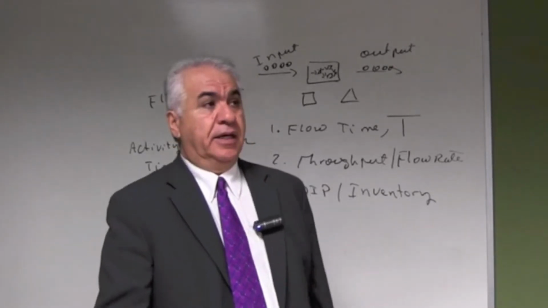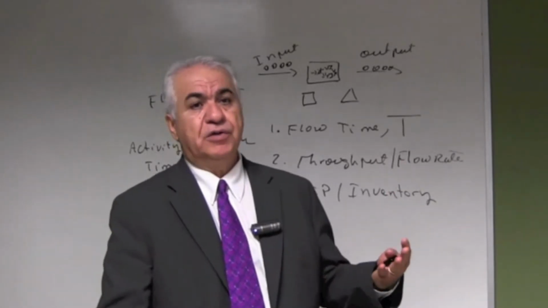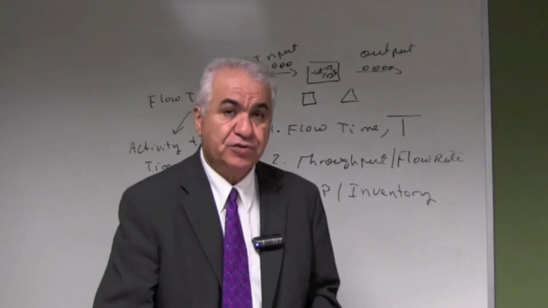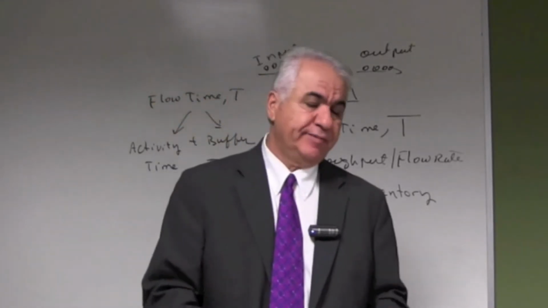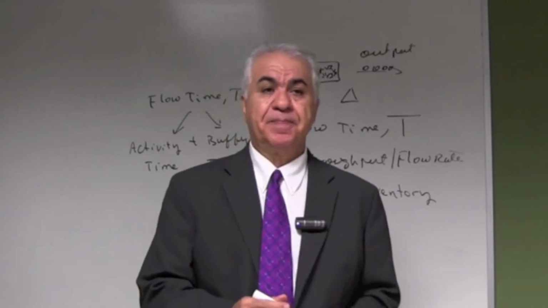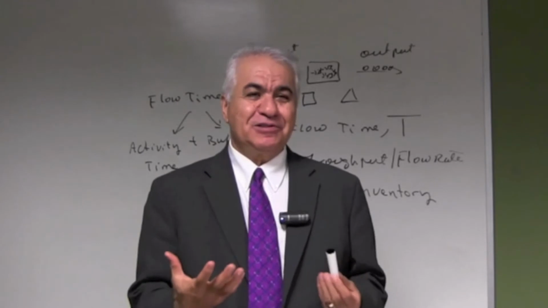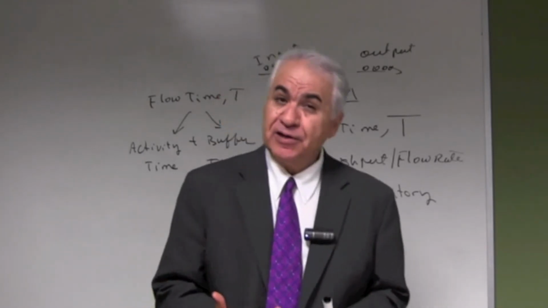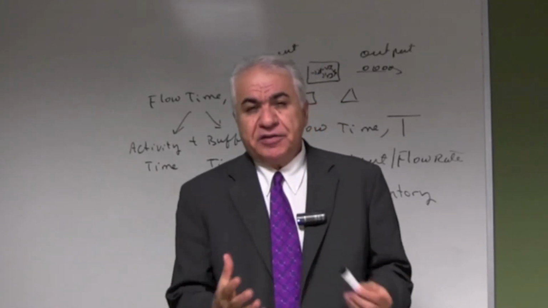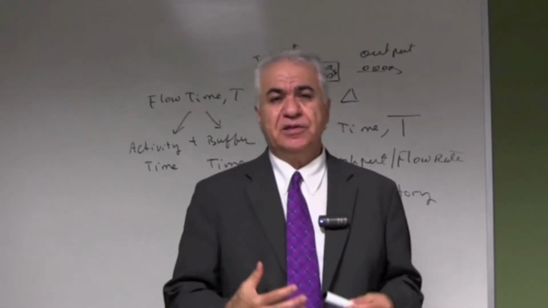So let's just assume you're a commercial loan institution. You have a number of commercial loans that are being processed. Let's say it takes a week or 2 weeks or a month to process that. What is the actual activity time? The actual activity time may be very small. How much time do we spend on checking the credit, checking the background, looking at the loan, reviewing the loan?